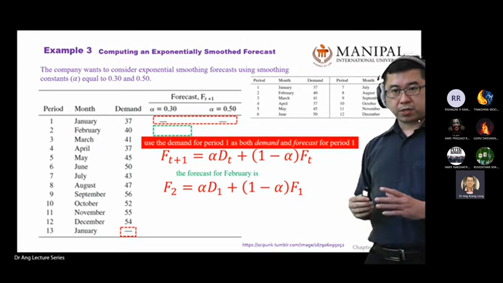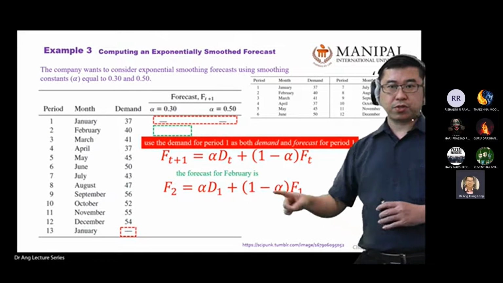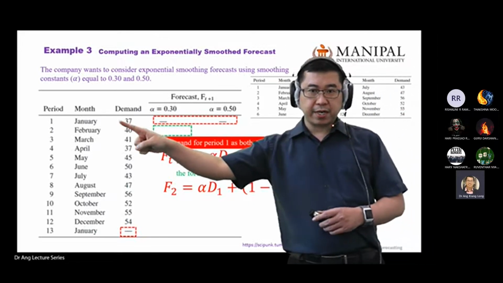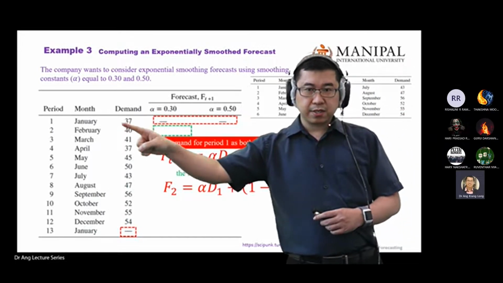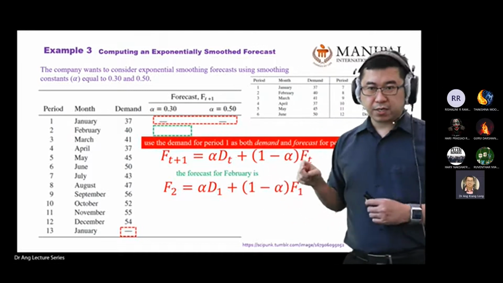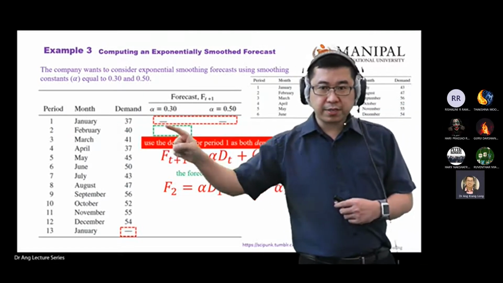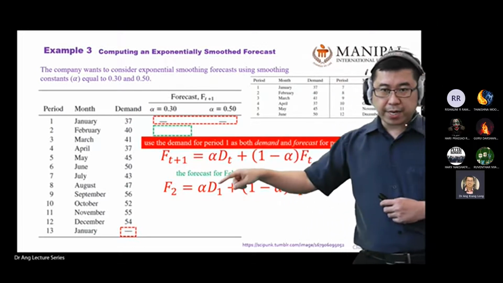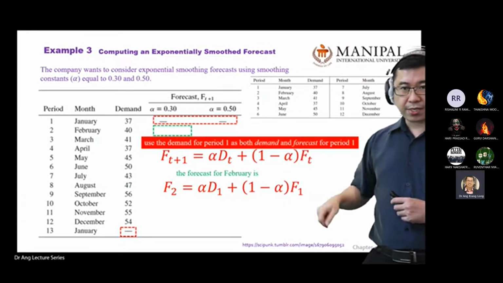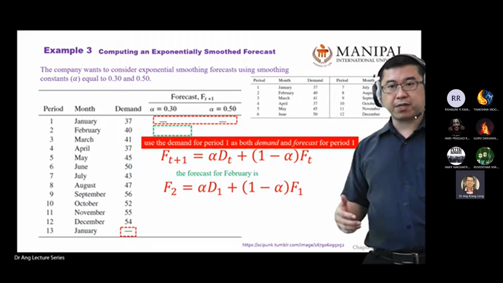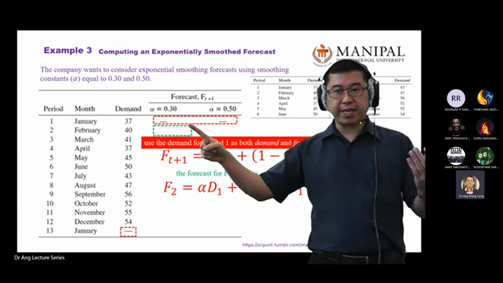In this case, we will use the demand for the first one to kickstart our calculation. We will use 37 as our demand and forecast for the first month, because for the first month we don't have any forecast.